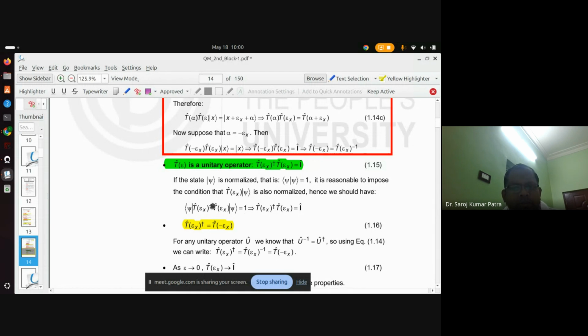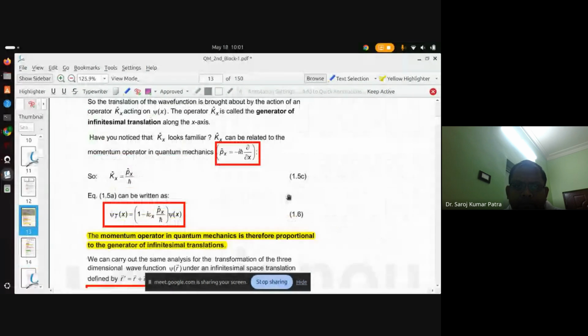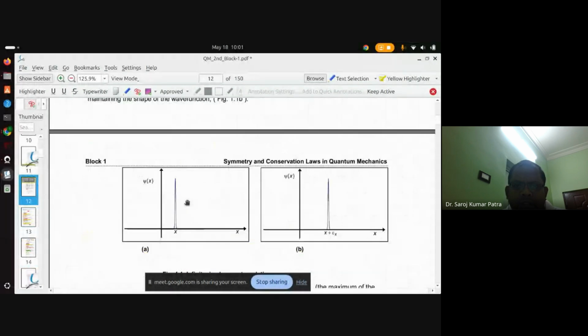What does it do? If the system psi is normalized, then the bracket psi psi is equal to 1. It is reasonable to impose the condition that the transformed wave function is also normalized, because the wave function itself is not changing much.